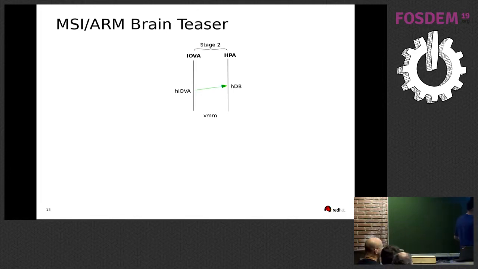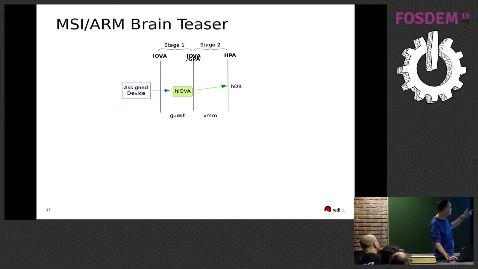It's essential that the device is programmed with the host IOVA to reach the physical doorbell. Now, the problem is that you add another stage, and there is no mapping at stage 1 that allows reaching the physical doorbell.